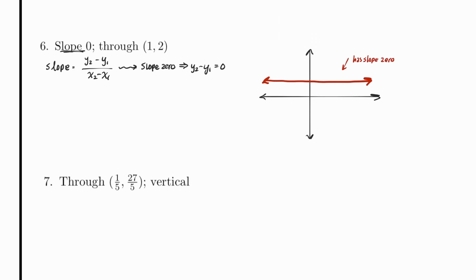So the y value doesn't change, but the x value can be anything. For slope 0, I'm just going to take the y coordinate of my given point, and the equation of this line will be y equals 2.